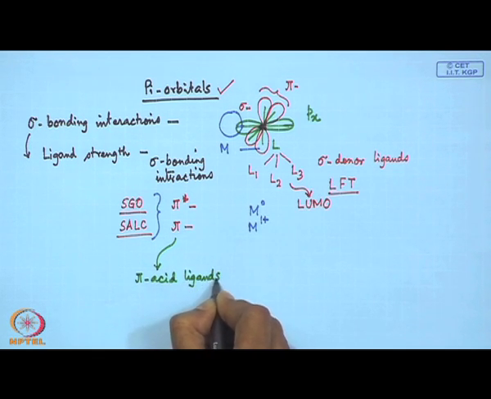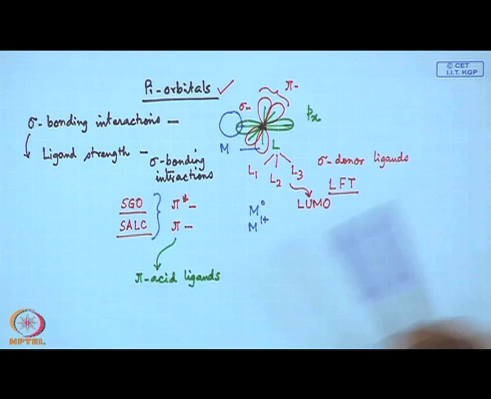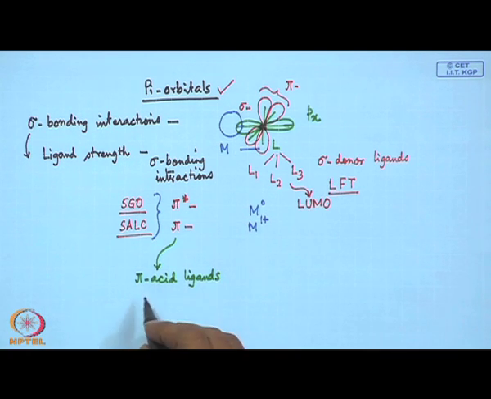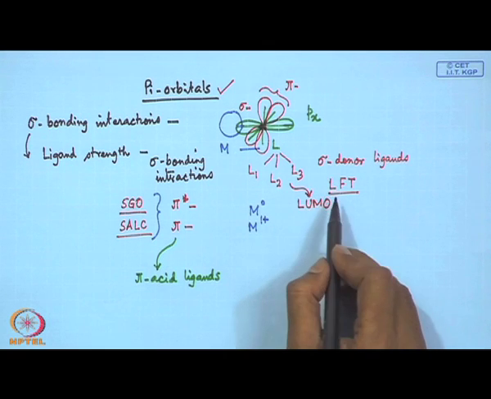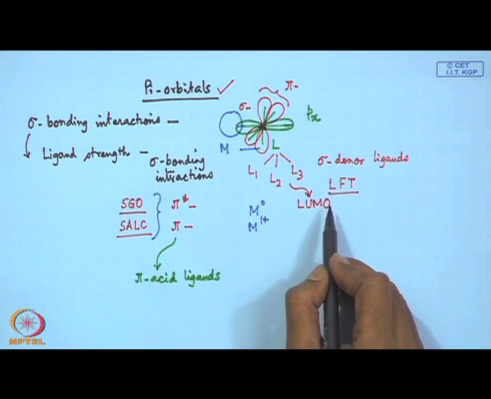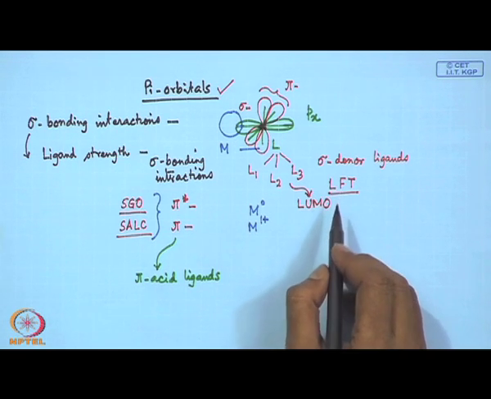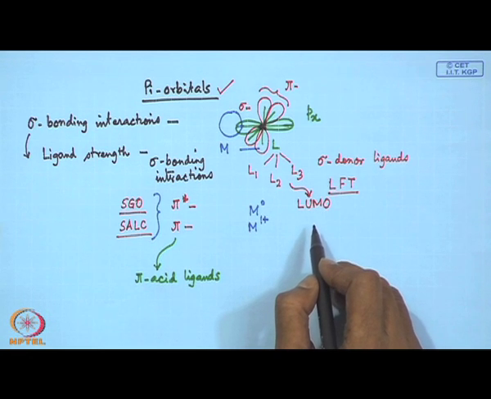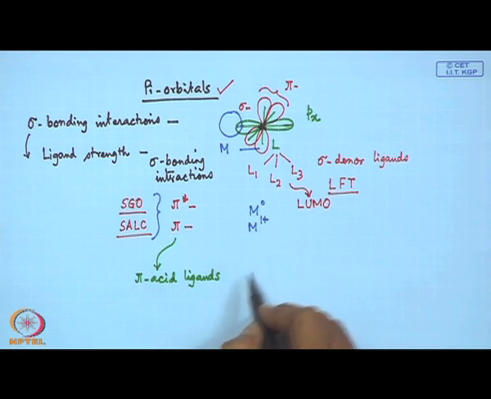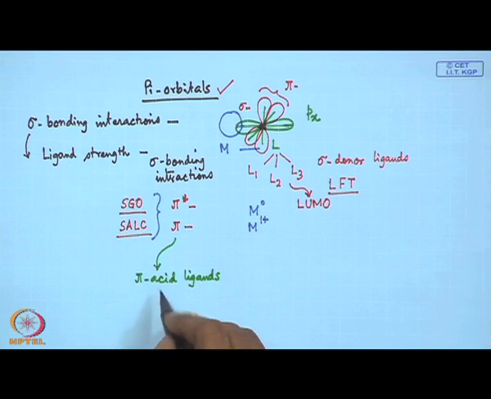So, once we know this ligand field theory related to pi interactions, then only we can have some idea what these pi acid ligands are, because so far in terms of the crystal field theory and the basic ligand field theory for sigma interactions, we have not encountered any such orbitals where the interaction is of pi type.